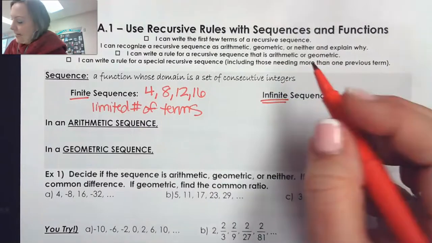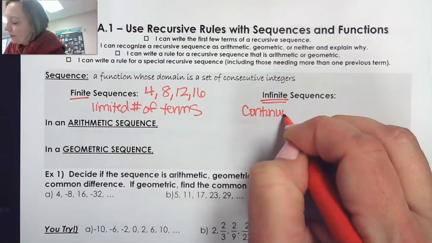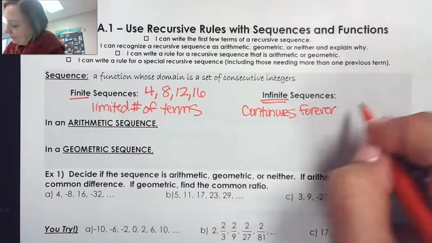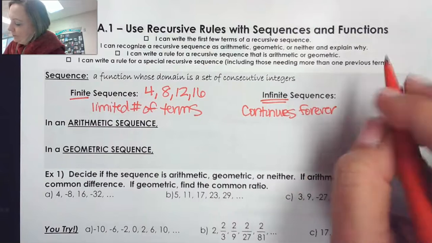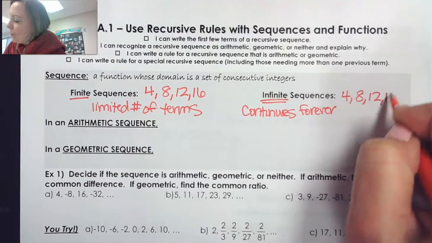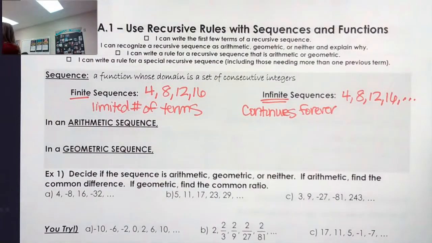It's unlimited, right? So basically, if it's infinite, it continues forever. The way that you denote that a sequence is infinite is you just put a little dot, dot, dot at the end, and that says it's going to keep going, okay?